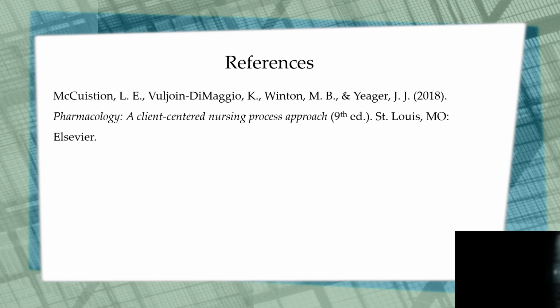So again, you have to constantly evaluate these patients. You want to evaluate the effectiveness of the drug therapy regarding whether the client's depression is controlled or if it has ceased.